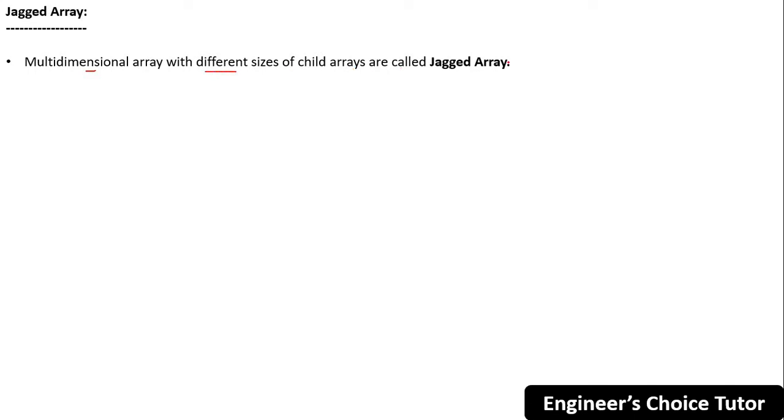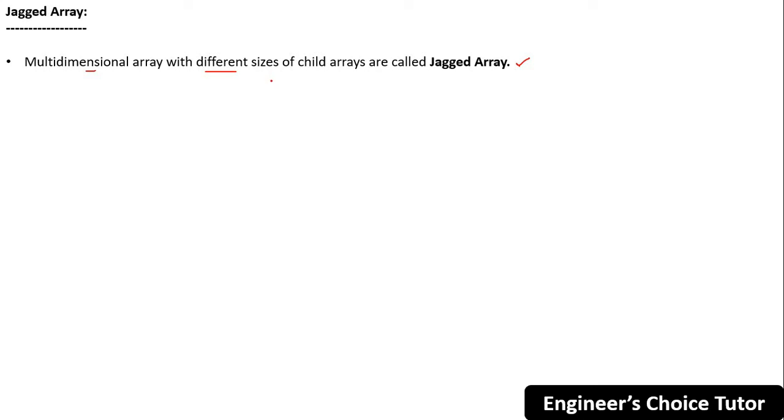Now let's see the next. So what is called a jagged array? Basically, a multi-dimensional array with different sizes of child arrays is called a jagged array. Whatever we have seen before this PPT, what was the scenario? All the child arrays had the same sizes, right?